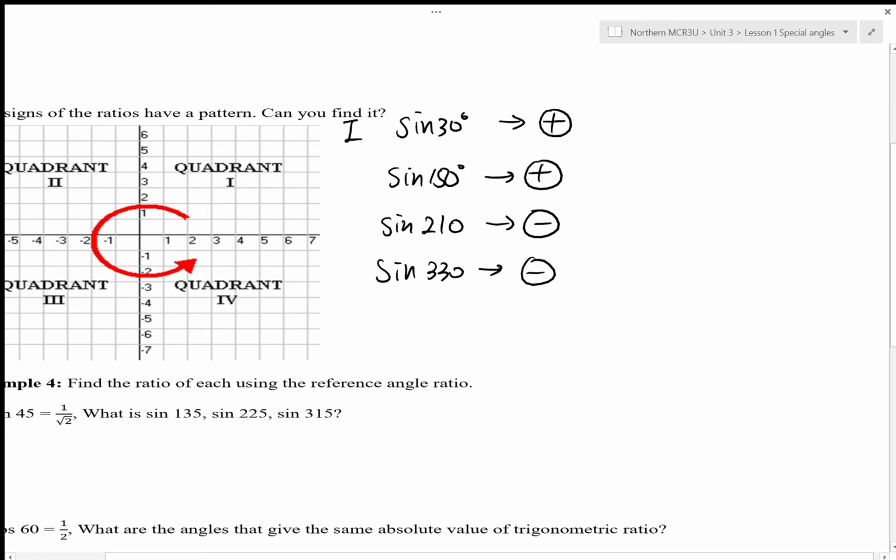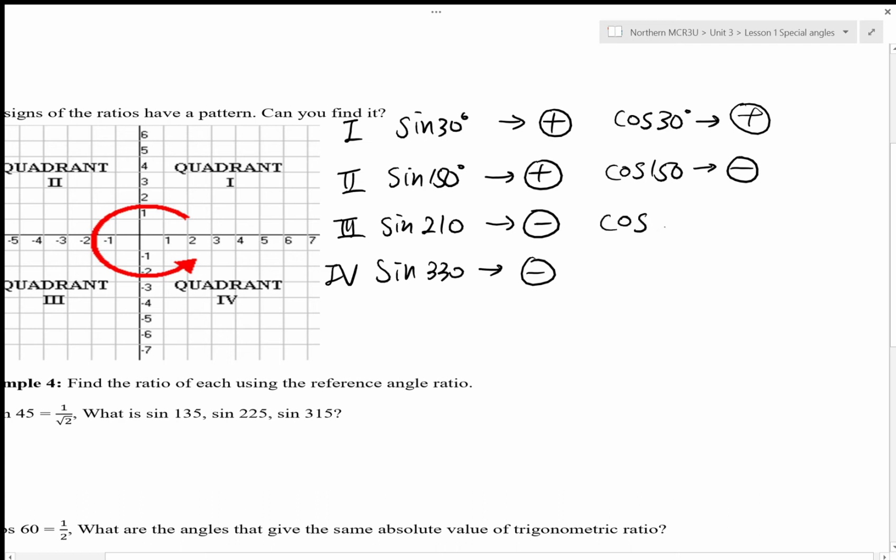So this was the first quadrant, second quadrant, third quadrant, and then fourth quadrant. And then if you look at cosine, so I'm going to put cosine 30. Now cosine 30 was positive, and then cosine 150 was negative, cosine 210 was negative, and then cosine 330 was positive. If you go back to those angles, right?